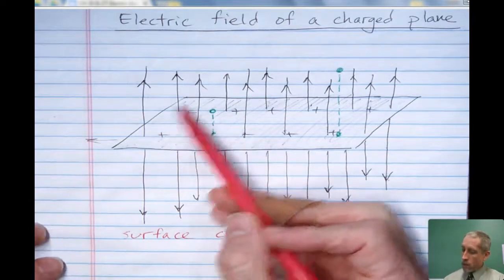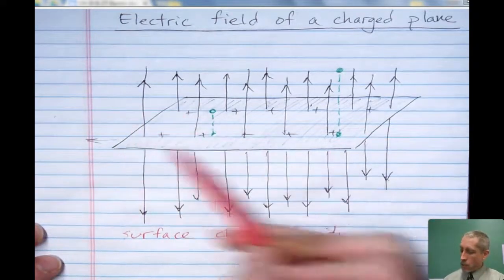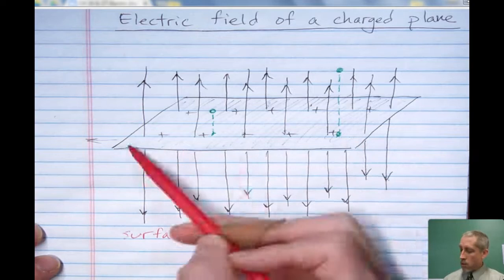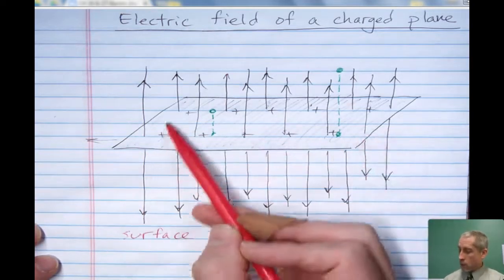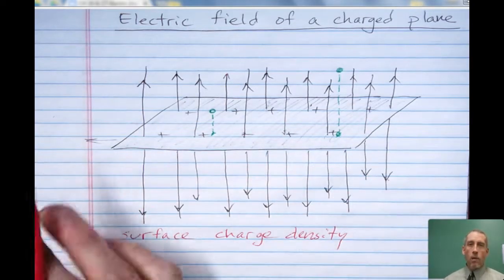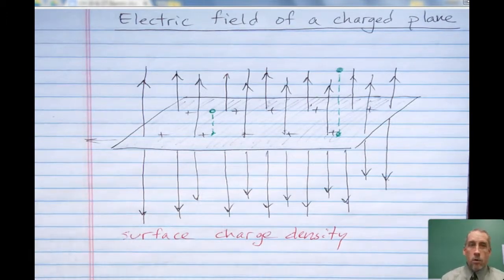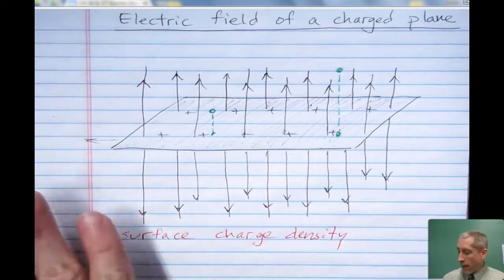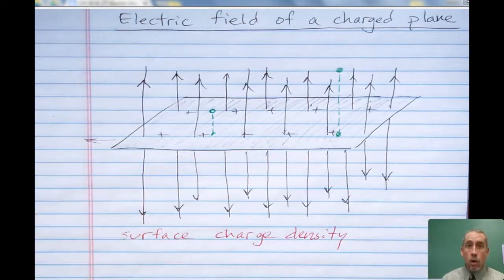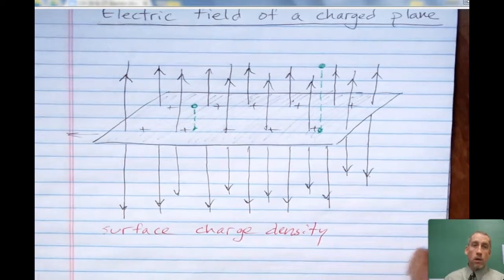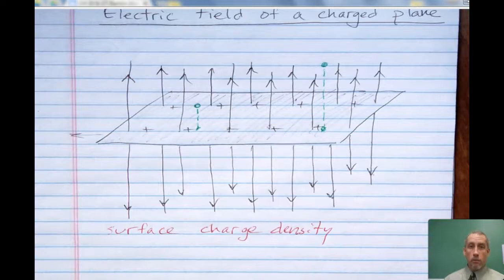So what I did here is I imagined a really large sheet, and I've just kind of drawn a little section of it here. And I've shown a handful of charges, but I don't want you to think that those are the only charges there. Again, imagine we have charge that's almost like a liquid that we could paint on. And every bit of the area gets coated with this charge. So we describe how much charge is on, let's say, a square meter of it.